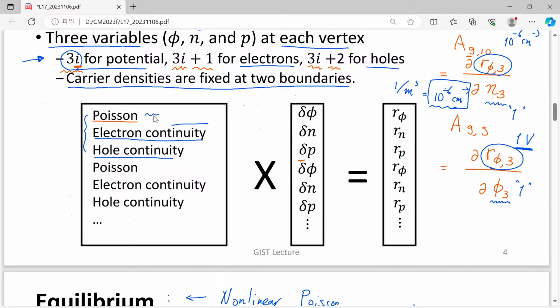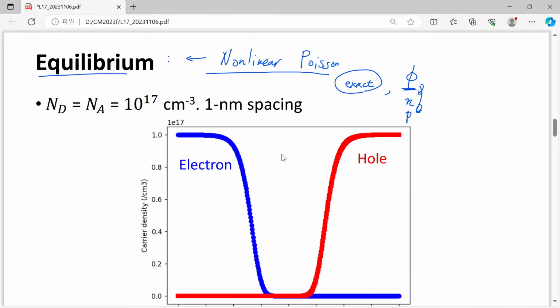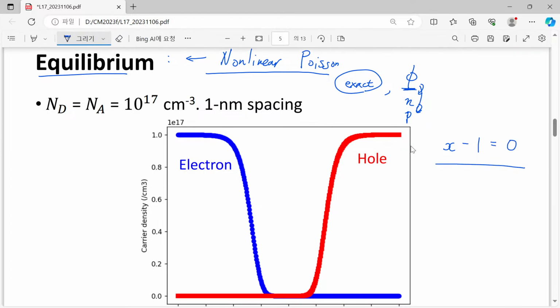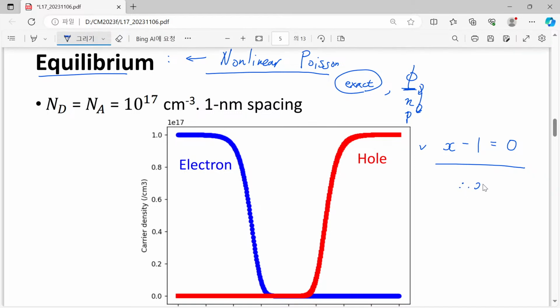Actually, you are at the solution. Okay, any question? So I wanted to explain it simply this way. For example, you have solved this equation. What is the answer? Its answer is x equal to 1.